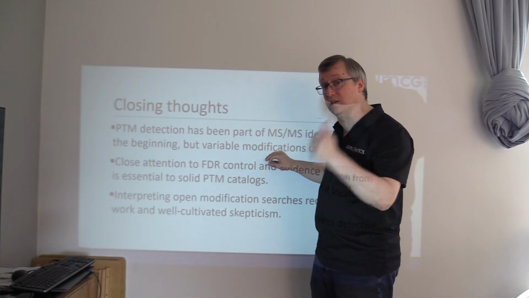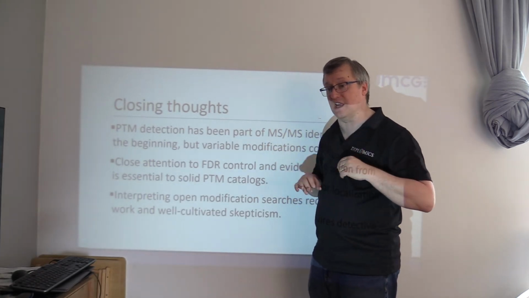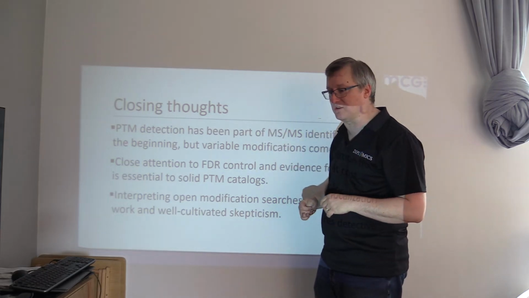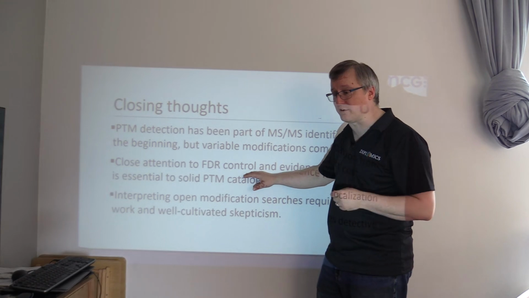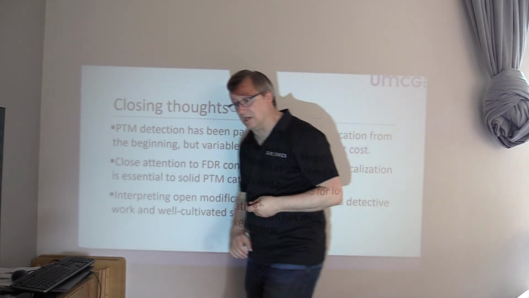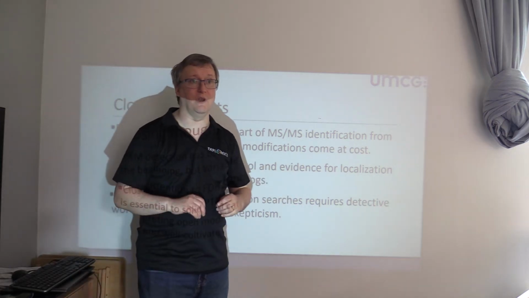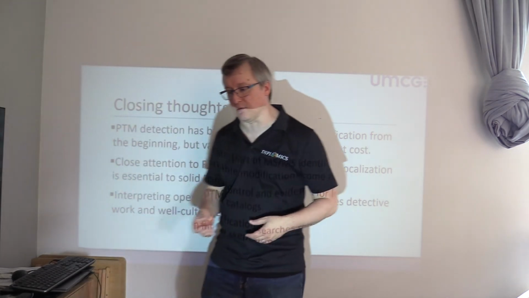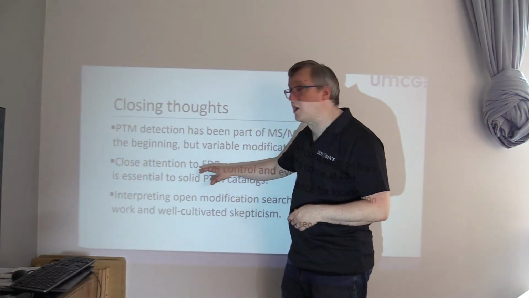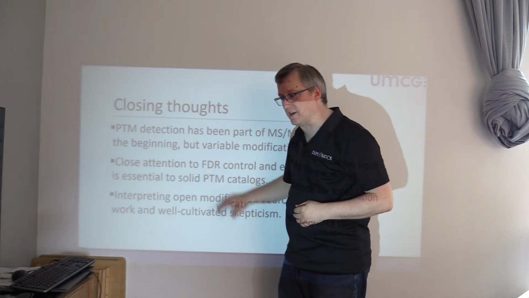It's not just a slower search, it's often a less sensitive search as we add more and more PTMs to the mix. Certainly paying close attention to false discovery rate control is pretty important. Localization is going to be quite necessary for you to introduce a new PTM that you've detected in key proteins. So be ready to document the evidence that allows you to localize it here rather than there.